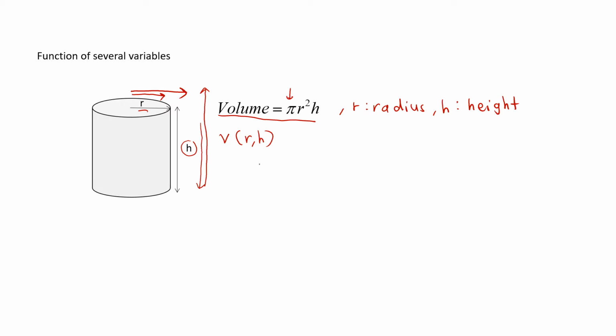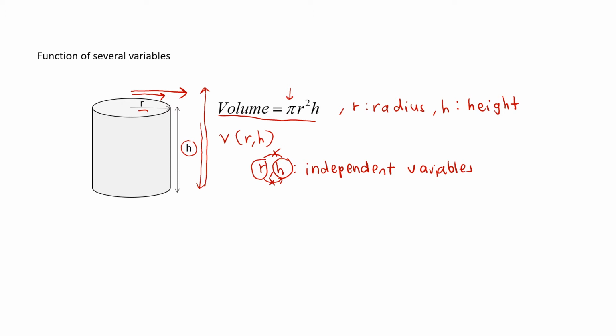We can say that r and h are the independent variables, meaning that the changes in r do not affect the height, and the changes in height do not affect the r.